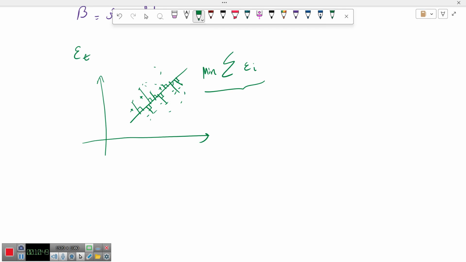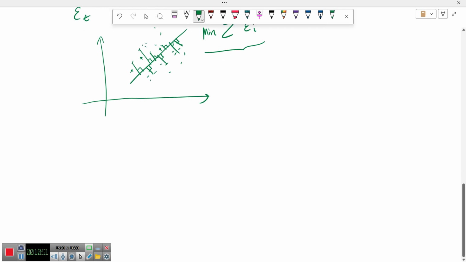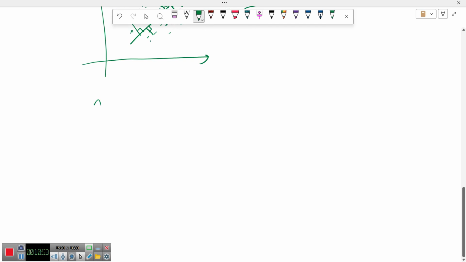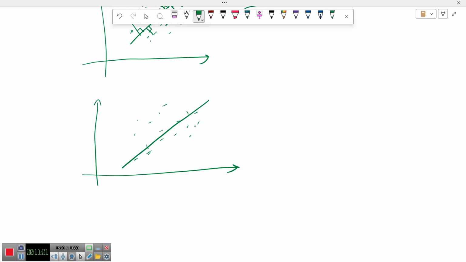But let's compare these two plots and these plots.